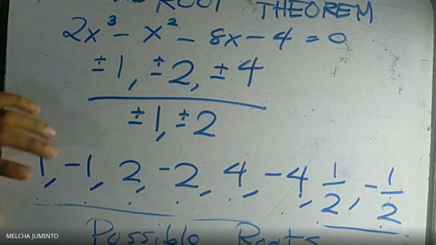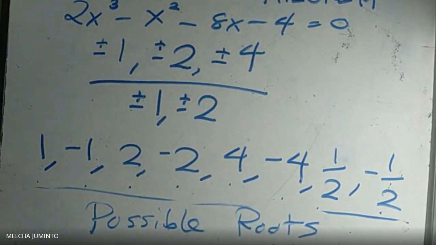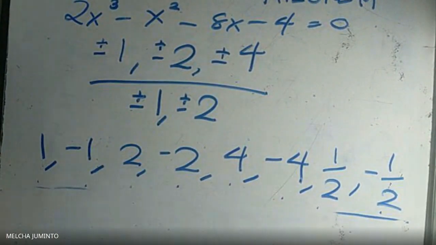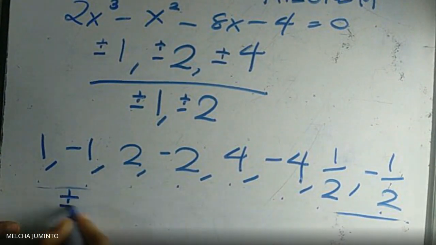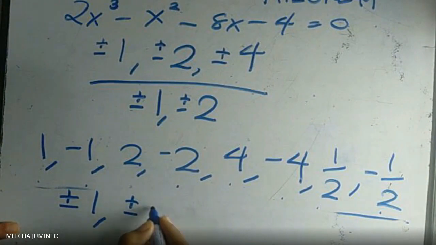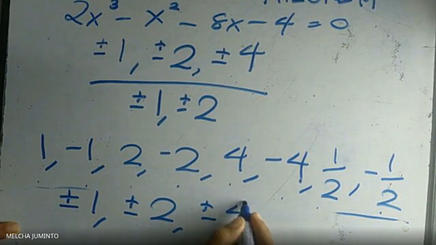But if you ask if it's okay to write them like this, it is also correct: positive and negative 1, positive and negative 2, positive and negative 4.